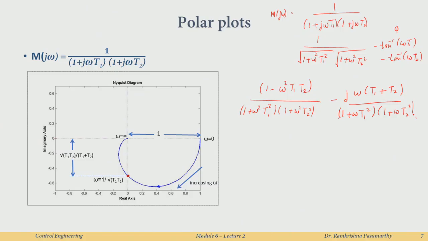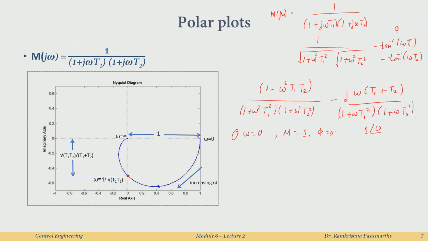Okay, let's do all the steps again. First, what happens when omega is 0? I get that the magnitude is 1 and the angle phi is 0, so I am just looking at a phasor 1 angle 0, it's this one. At omega equal to 0, I am just at this point, not the horizontal axis. Therefore, this line is not in dark blue color.